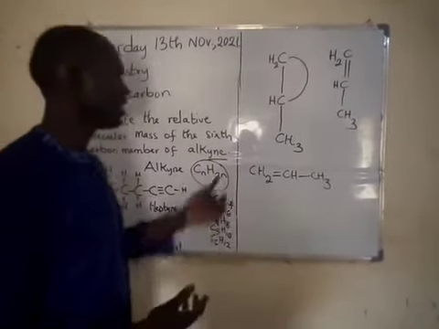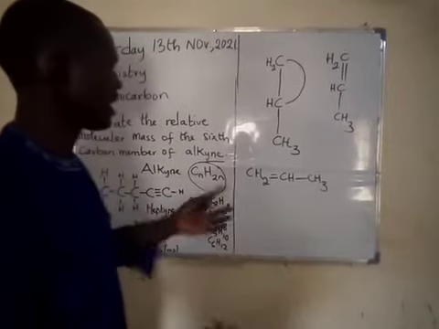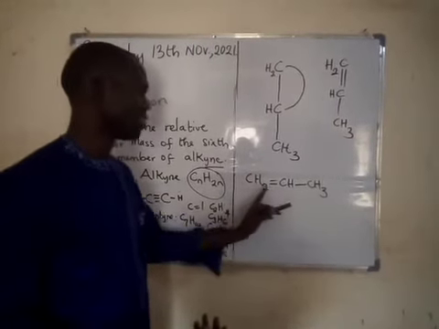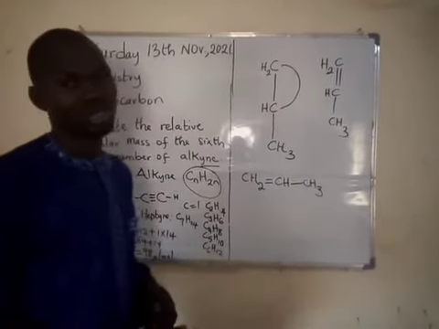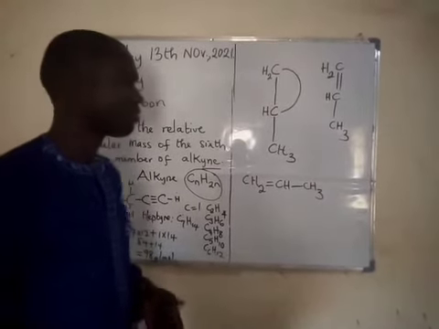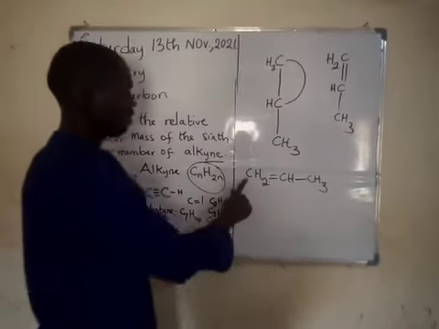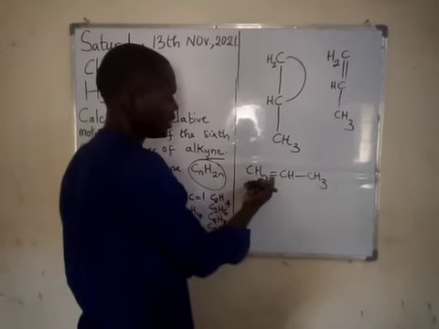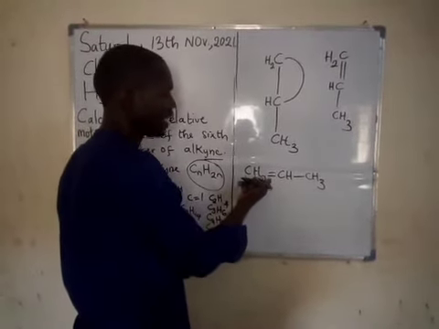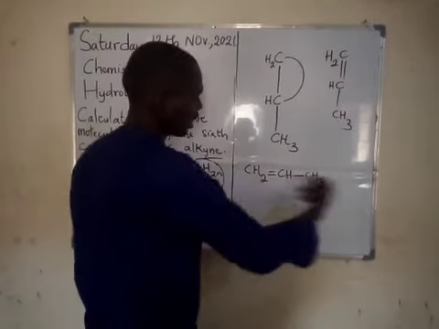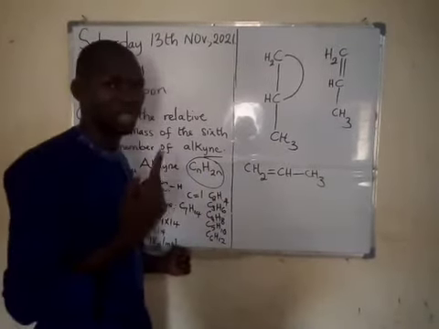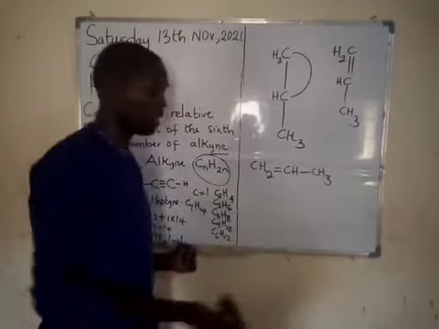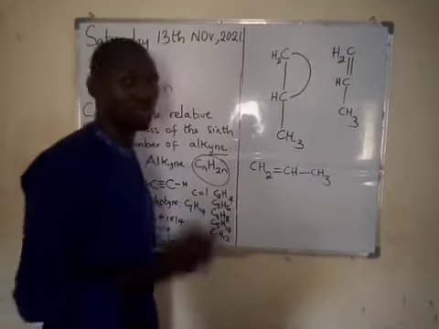So now in naming this, you can start from the first carbon, since it has the double bond, which is the alkene family. If the first carbon has the double bond, that is 1-ene. Now the longest chain is 3, that is prop. Instead of writing propane, since we are dealing with alkene, it will be propene.